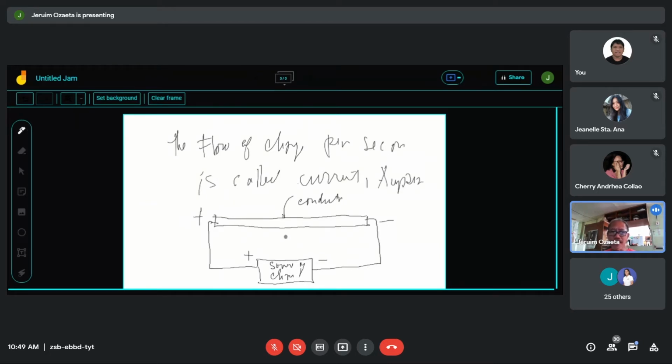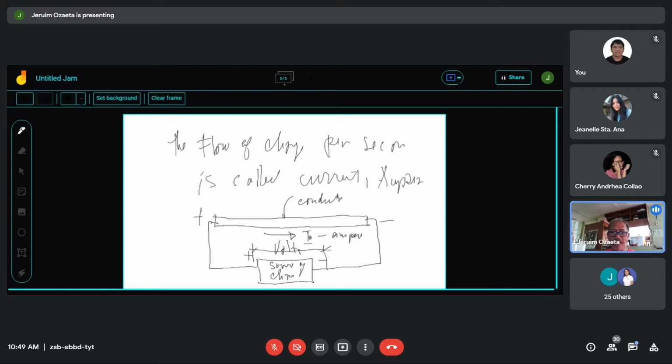Now in this case, when we say that the charge is flowing, we can say that there is a current flowing in there. Current I is in ampere. And the potential that is present in the source, where there is a potential difference, has the unit of volts.